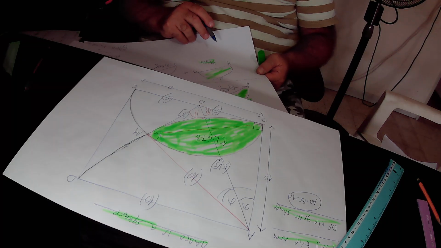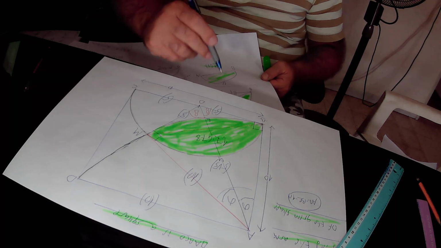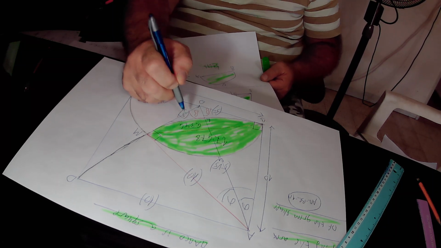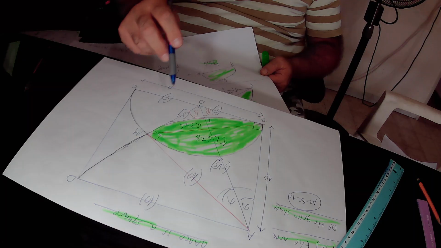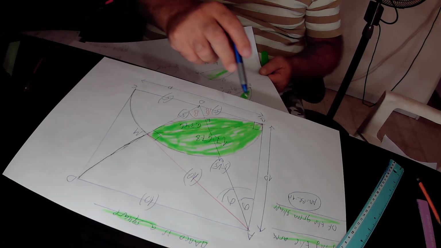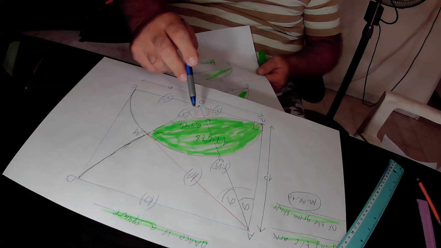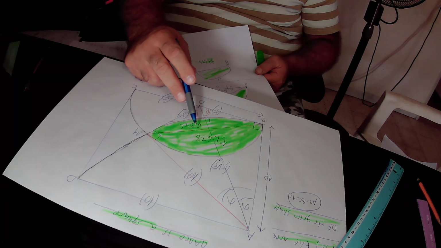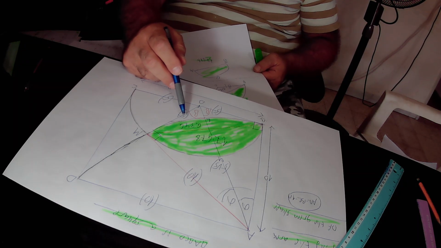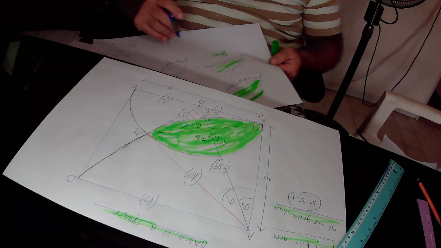We already found out that the area of the lower segment BLM equals 6.346 square meters in size. So the area of this green shape will be equal to the area of the upper segment BUM, that is 17.678, plus the area of the lower segment BLM, that is equal to 6.346 square meters.